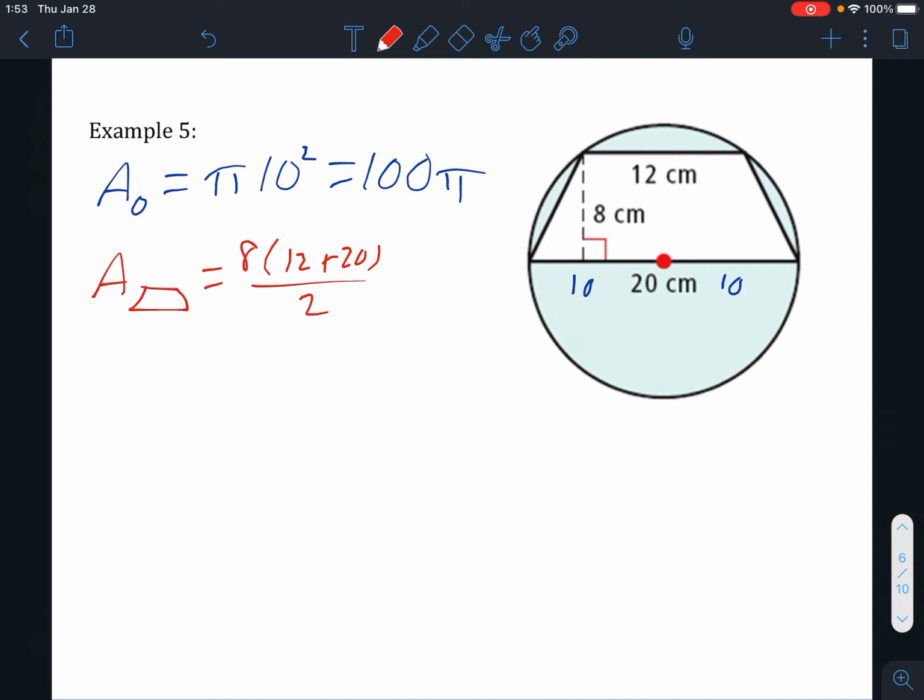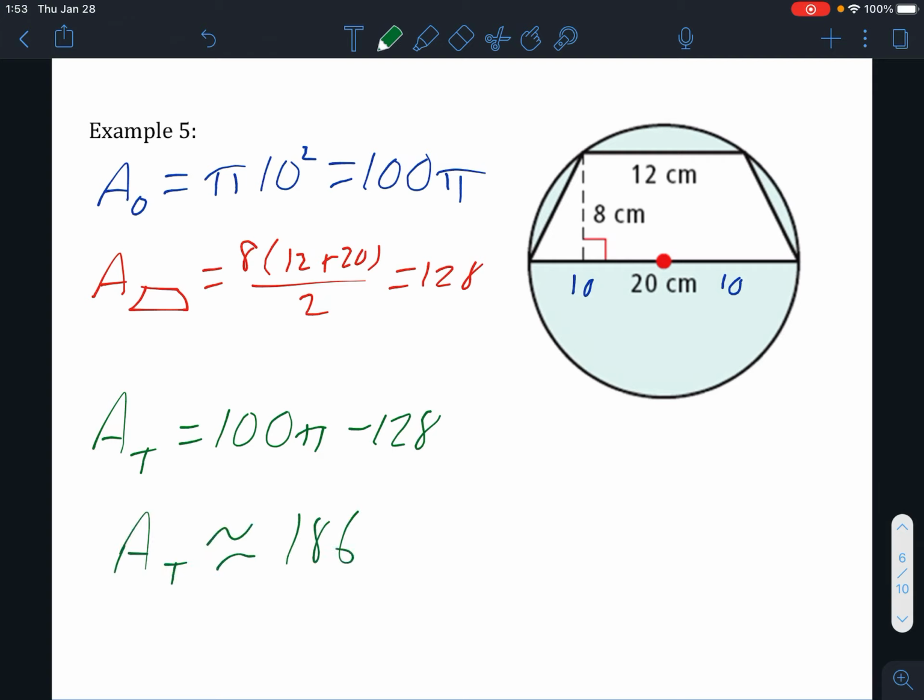So 8 times 12 plus 20 over 2 is 128. So our total area would be 100 pi minus 128. And that would give us an approximate answer of 186.2 square centimeters.